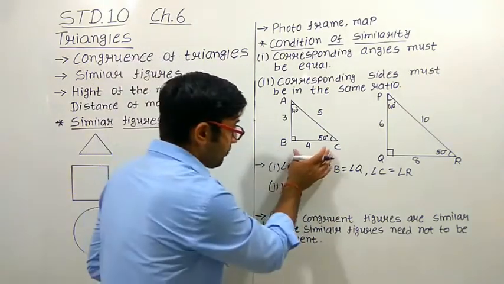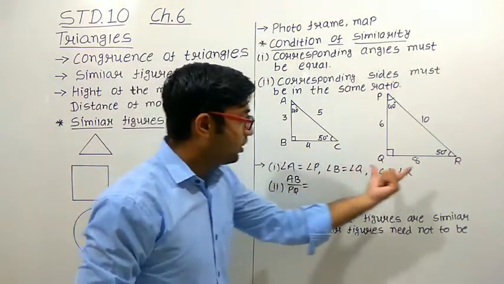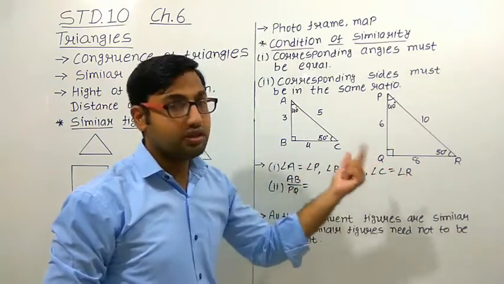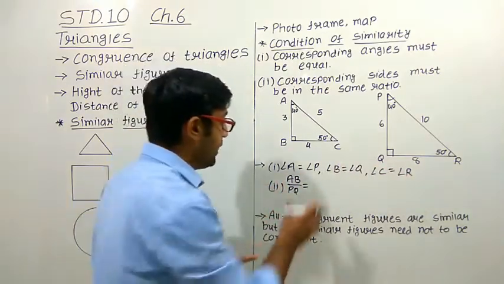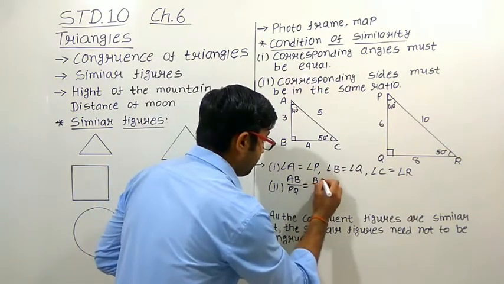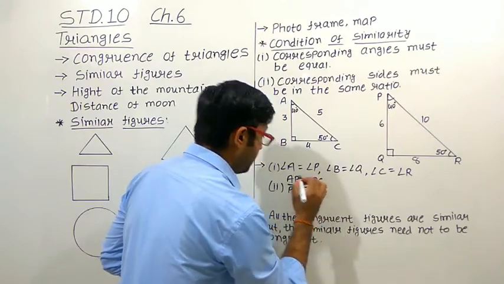The corresponding side of BC is QR. BC is 4, QR is 8. 4 upon 8 is again 1 upon 2. So the first ratio AB upon PQ and the second ratio BC upon QR are equal.